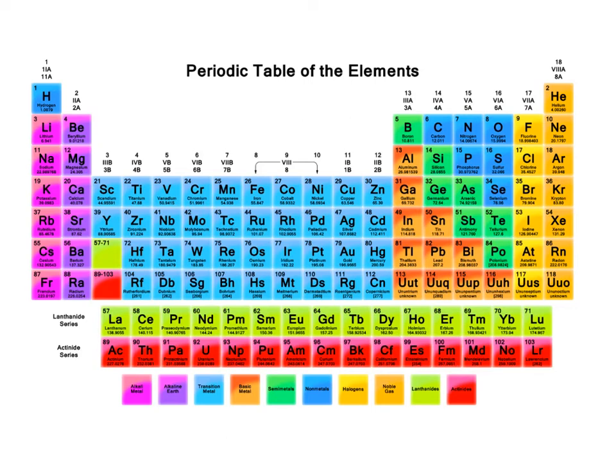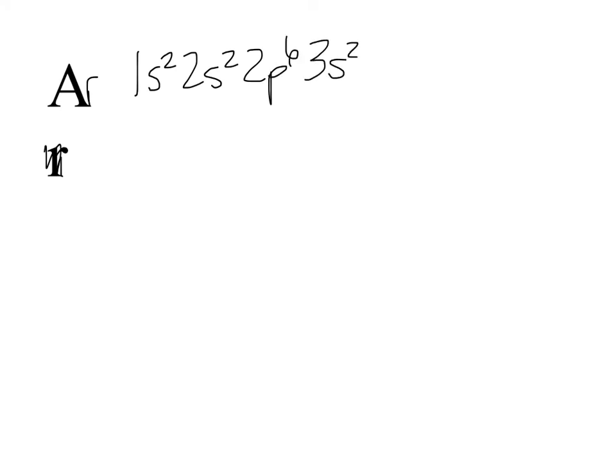Okay, the next one is argon. So we're going to start at the beginning again. 1s2, 2s2, 2p6, 3s2, 3p6. There's argon. Okay, let's fix this up, put the R back up here. And so we said, what is it? 1s2, 2s2, 2p6, 3s2, and then 3p6.